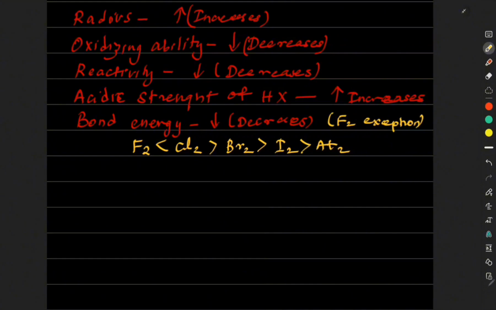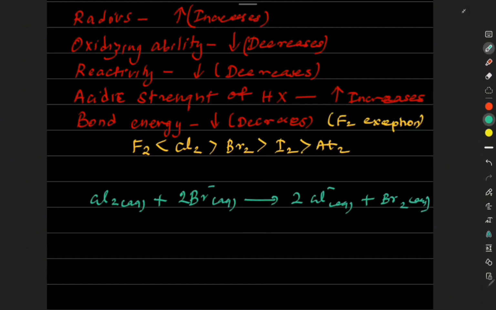We can prove that reactivity decreases down the group using a displacement reaction. Cl2 aqueous plus 2Br- aqueous gives 2Cl- aqueous plus Br2 aqueous.